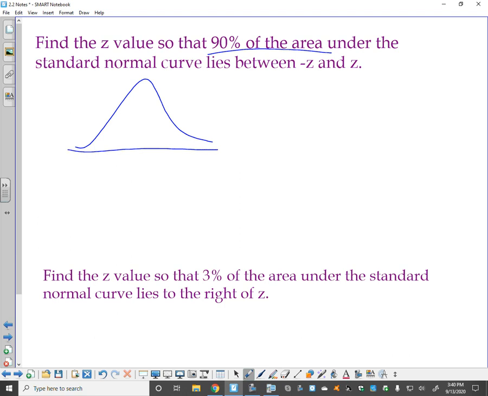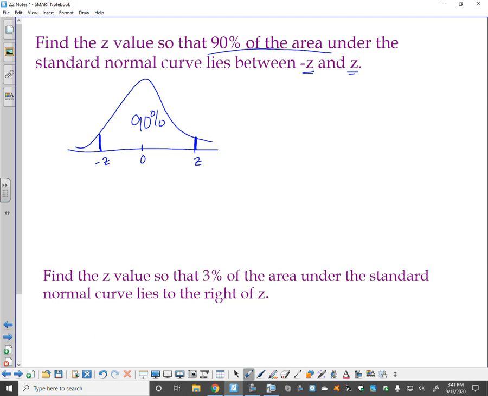Now, these are the same numbers, so we're talking symmetrical. So I want, and 90 is going to be a lot. So I want him and him so that I get 90% of the area in between those two z's. Now, remember, this is symmetrical, and a standard normal curve is centered around 0. So guys, when you find one of these z's, you know the other one.